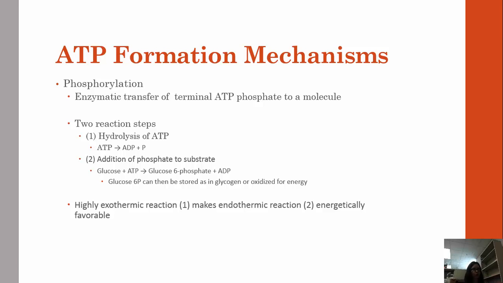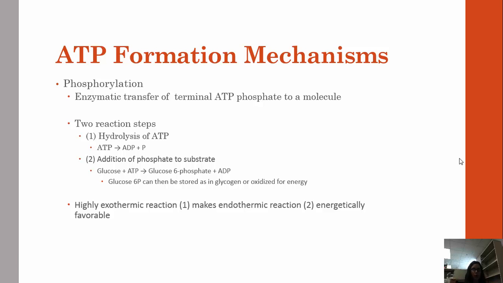So if we have glucose and we have ATP, which has this stored energy, the ATP can break the bond on the terminal phosphate. The phosphate goes to glucose to make it glucose 6-phosphate, or G6P, you might see it as. And then we have the ADP that does not have that high energy bond anymore. Instead, the high energy bond is on the glucose 6-phosphate. And then glucose 6-phosphate can be stored in glycogen so that we have this big store of energy when we need it to move our muscles.